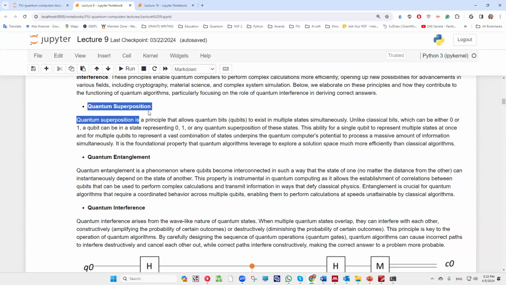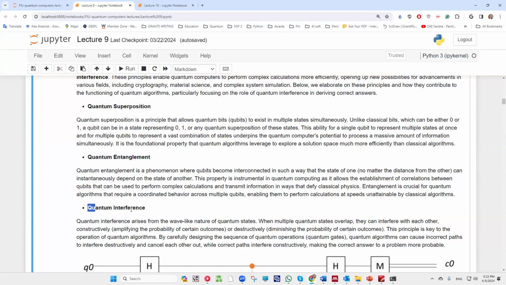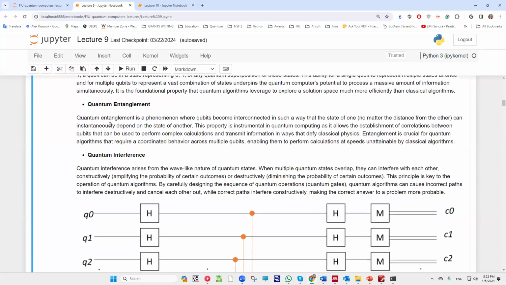I underscored the importance of these three key points, right? The quantum superposition first. We must be able to generate a qubit in a superposition state.